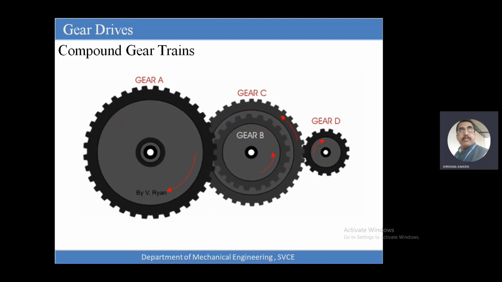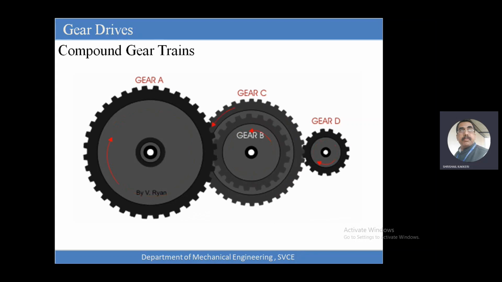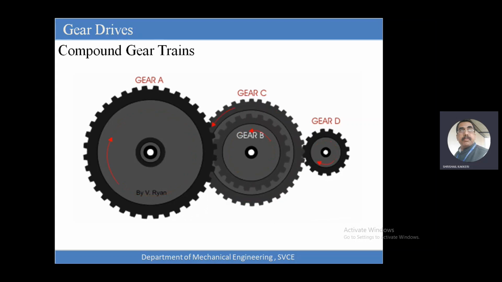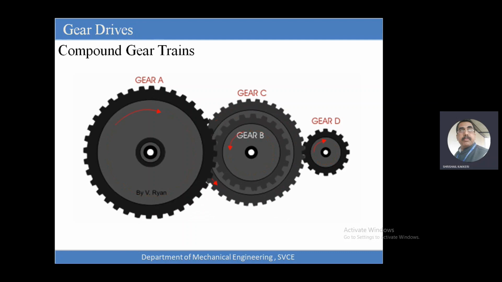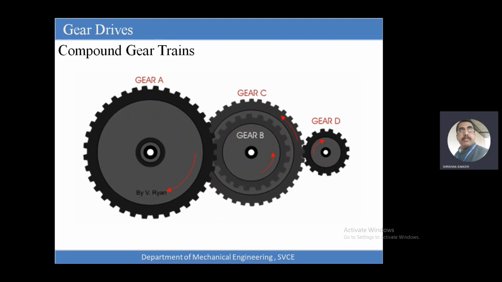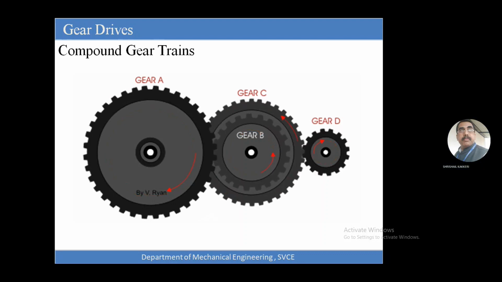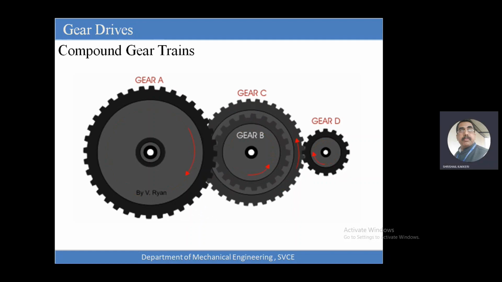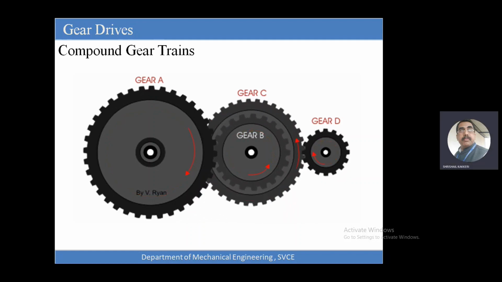Now let me find out the velocity ratio of this compound gear train system. Multiplying NB by NA into ND by NC, that is equal to TA by TB into TC by TD. This is the velocity ratio of this system.